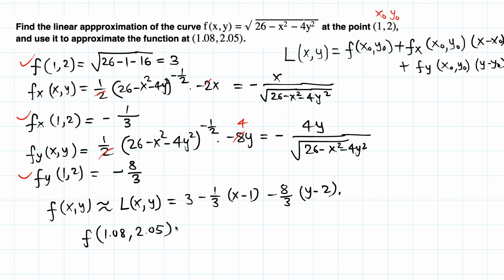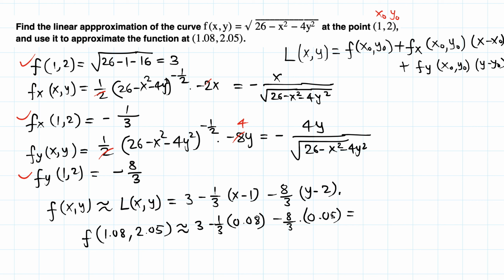So evaluate the function at (1.08, 2.05), that is approximately equal to this line, just plug in here, 3 minus 1/3 times 1.08 minus 1, 0.08, minus 8/3 times 2.05 minus 2, so 0.05.